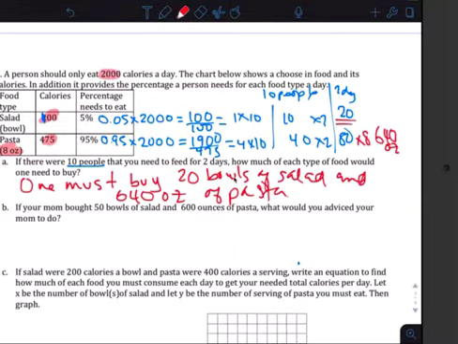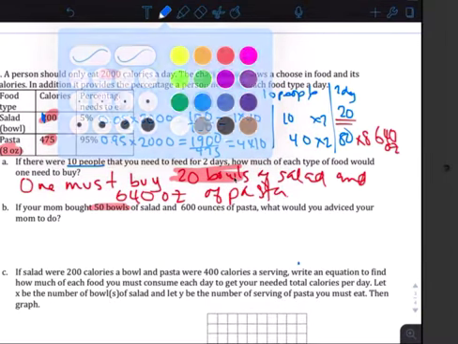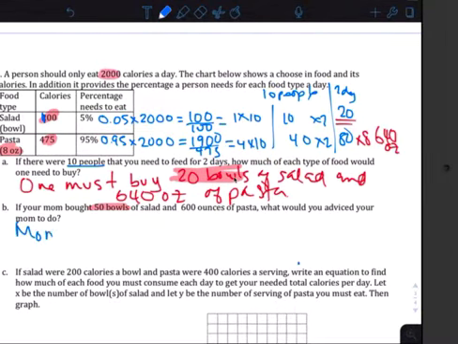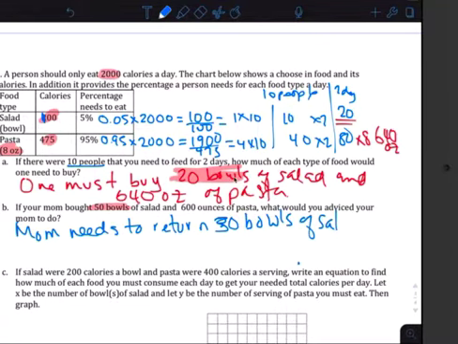Okay, so the question, if your mom bought 50 bowls of salad, you only need 20 bowls. Oh, mom's in trouble, right? Mom needs to return 30 bowls of salad. Okay, she needs 640.